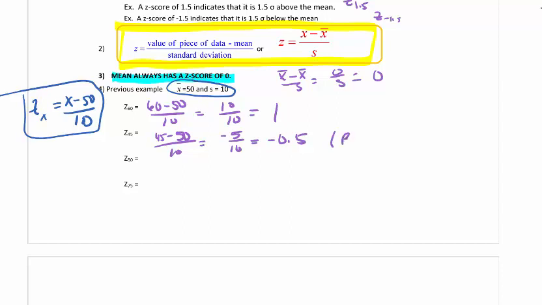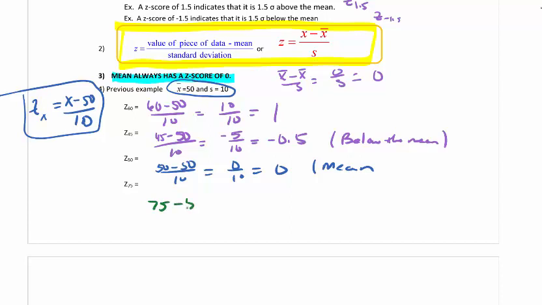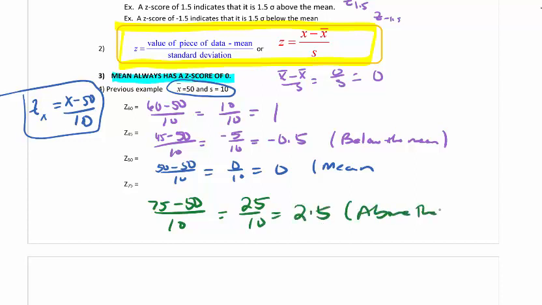So that means it is below the mean because I have a negative, and that's important. Z of 50, if you already recognize that that's going to be 0 over 10, which is 0, that is actually the mean. And then Z of 75 would be 75 minus 50 over 10, 25 over 10, which gives me 2.5. That is above the mean.